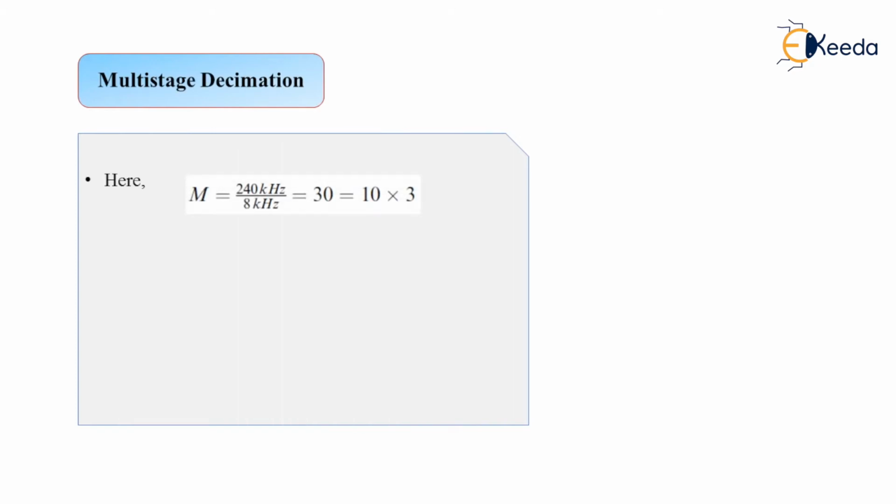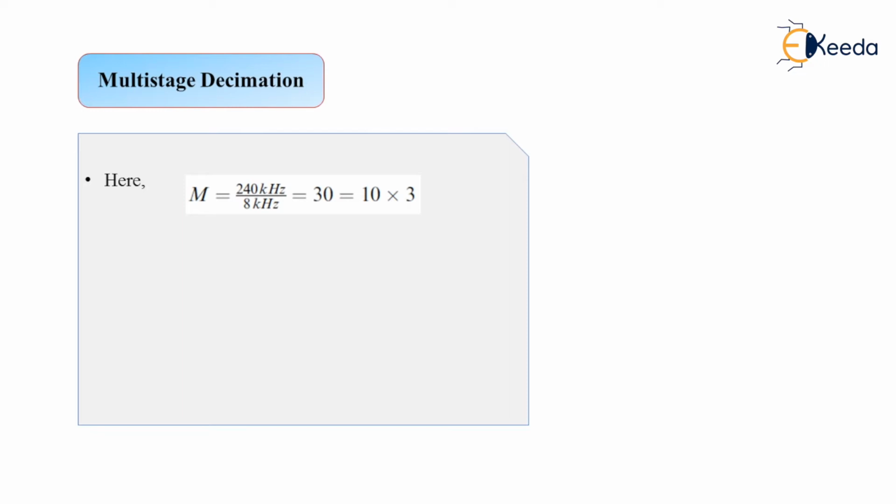So for this example, we write capital M is equal to 240 kilohertz at the input divided by 8 kilohertz at the output stage here.